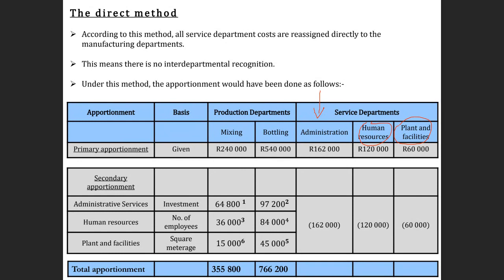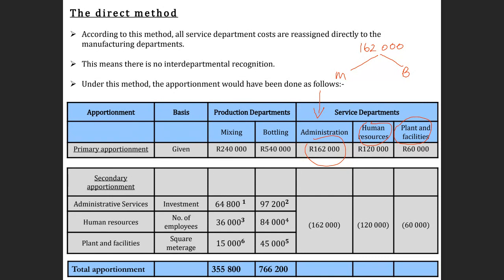So let's start with the 162,000 Rand, which is the administrative cost. We know that we're going to split it between the mixing and the bottling departments, but how do we split it? How do we know how much of the 162,000 Rand we're going to allocate to the mixing department versus how much will we allocate to the bottling department?